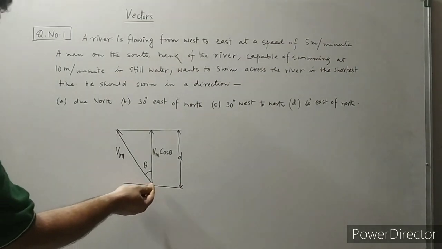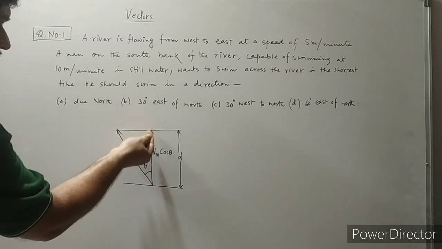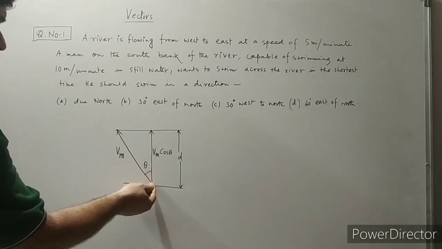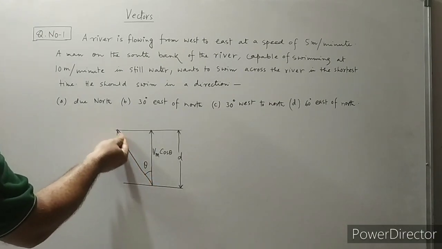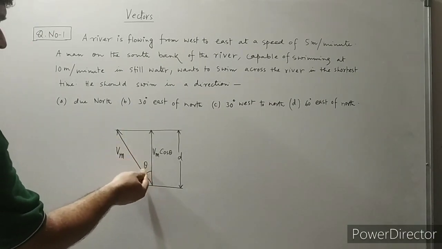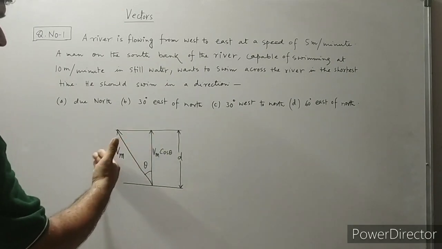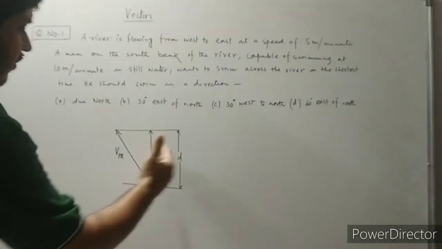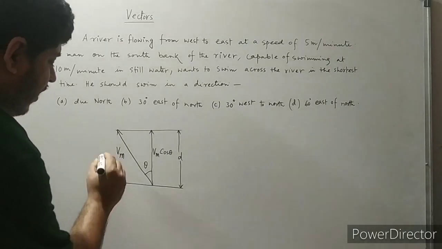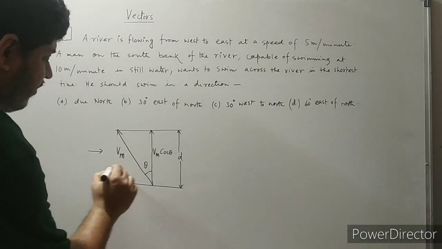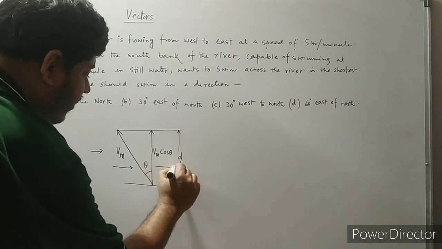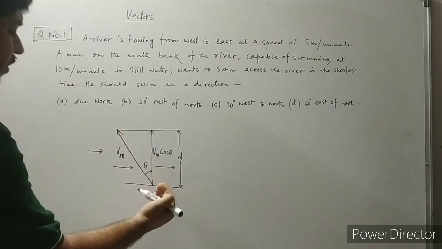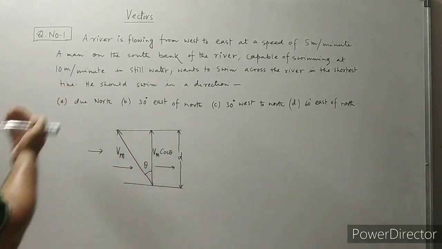So obviously, if a man is moving along this direction, making an angle theta with the river current, say the river is flowing from west to east, the direction of the water is this.